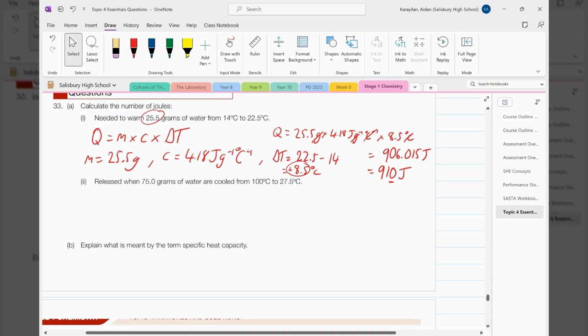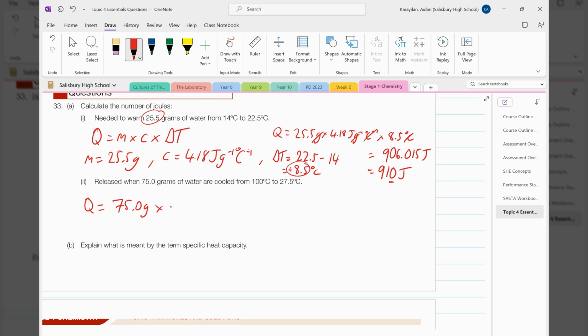Okay, so what is the energy released when 75 grams of water are cooled from 100 degrees Celsius to 27.5? Now this time we know it's energy being released, which means our Q needs to be negative, and we get that from that delta T. So 75.0 grams times 4.18 joules per gram per degree C times our difference between these two.